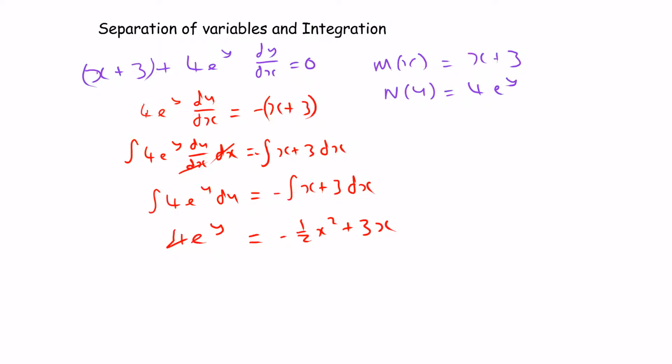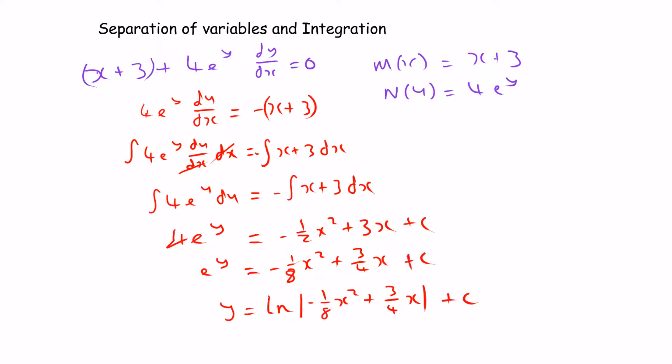Now we want to make y the subject, so we're going to have e^y is equal to negative an eighth x squared plus 3/4 x, and then y is equal to the natural logarithm of negative an eighth, it's going to be x squared plus 3/4 x, and don't forget the plus c, our constant of integration.